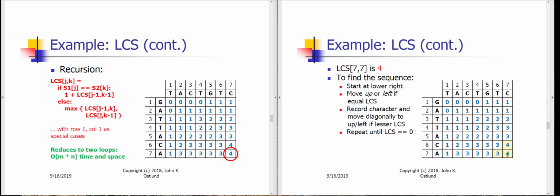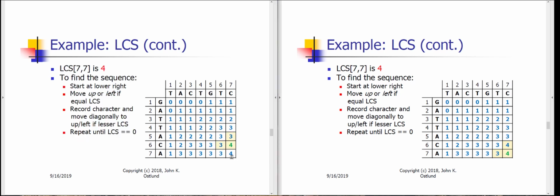Hence, the A in the last row did not increase the longest common subsequence, and therefore is not part of the longest common subsequence. That means that we can move up a row and still have a longest common subsequence up to that point of 4 characters. So we have moved up to the row containing C from the row containing A.